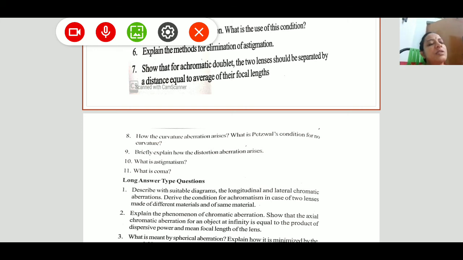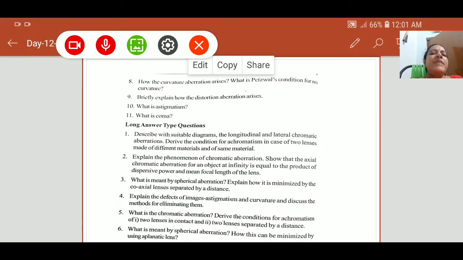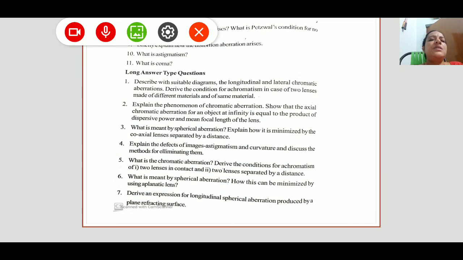This is distortion when the object is square or rectangular. Then two types of distortions, that is pincushion and barrel shape. The magnification is different at different parts of the object. So you have to explain. What is astigmatism? Just explain. What is coma? Totally, for the aberrations in this lesson, each and every question you have to read.